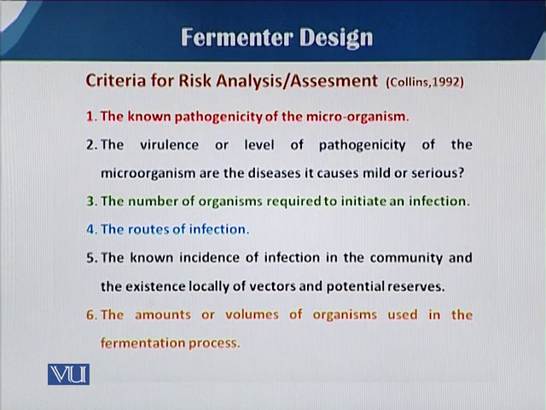The 1992 report gave 8-point risk assessment criteria. According to that, the first criterion is that we should know about the pathogenicity of the microorganism we are going to use in the fermentation process. We should be very clear about the type of organism, either pathogen or non-pathogen, meaning environmentally friendly.